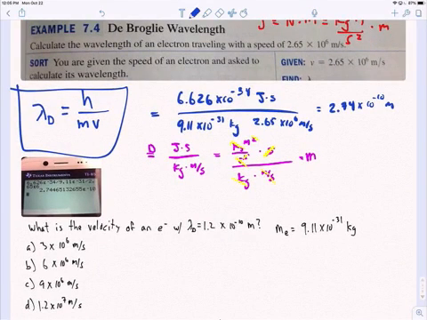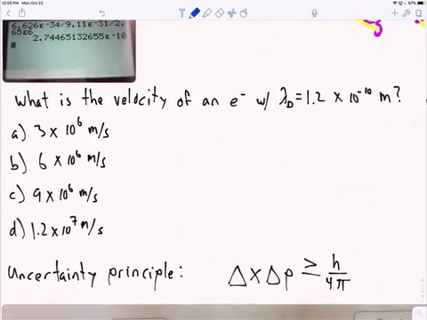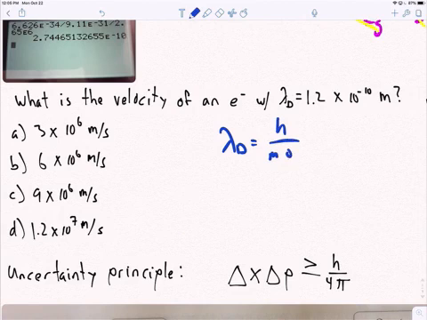All right, why don't you try this one out? What is the velocity of an electron? Now I flipped it on you. What is the velocity of an electron if the de Broglie wavelength is this? Lambda d is h over momentum, which is mass times velocity.